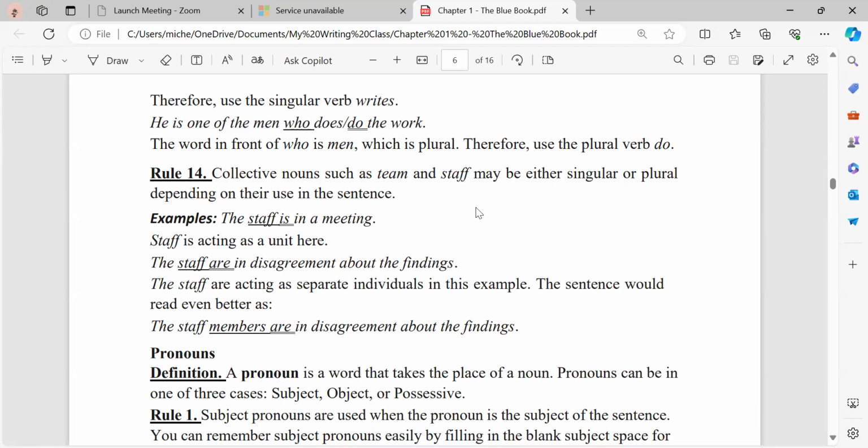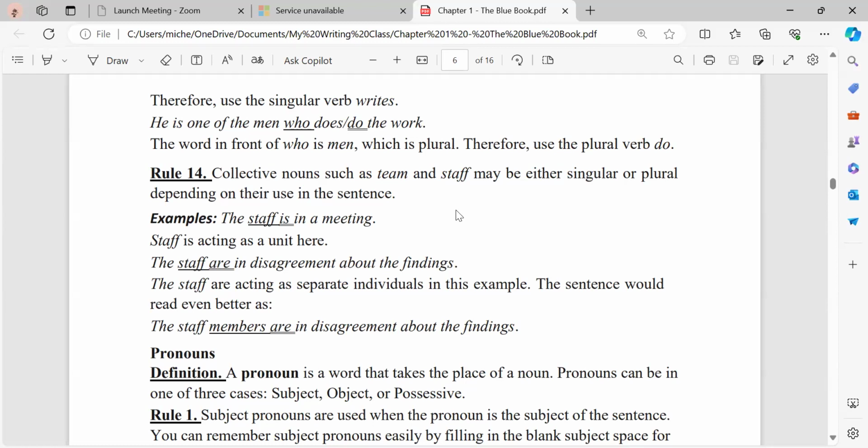There are usually a few words such as team, staff, or family. It can be singular or plural. I mean, a team consists of probably one or more people, but they actually have a plural form, which is teams, staffs, or families.